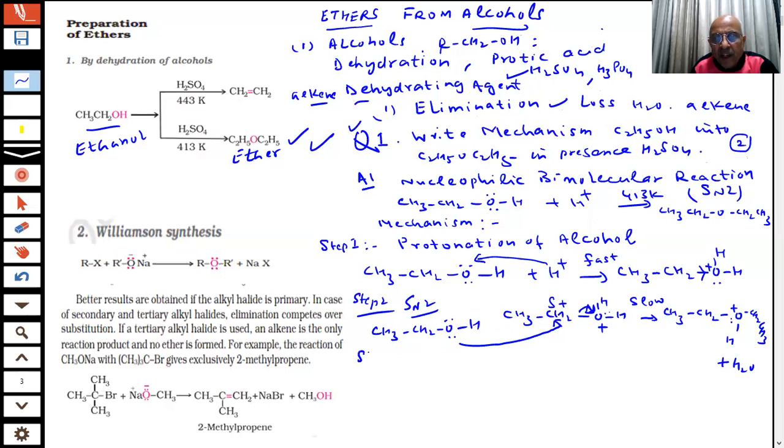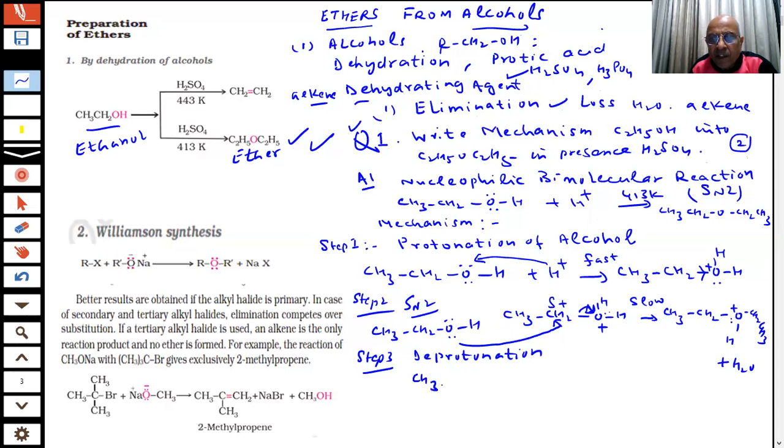Then in step three, what will happen, student? This is unstable. Oxygen is in need of electrons. It will take these electrons and the proton will leave. This is called deprotonation. Deprotonation will take place, students.